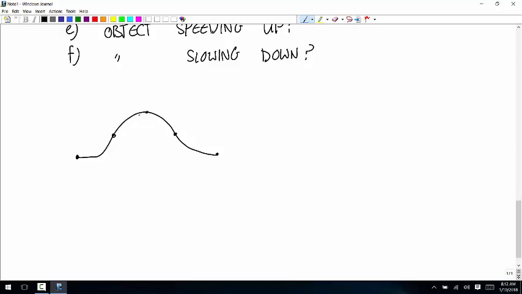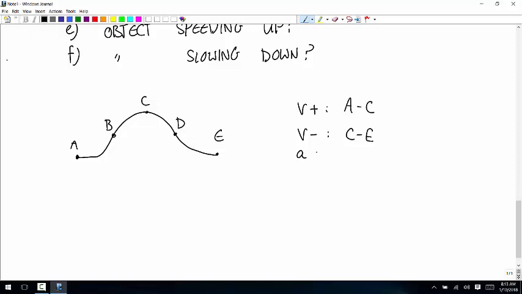So the velocity was positive on the whole first half of this graph, if this is A, B, C, D, E. So the velocity was positive, A to C. Velocity was negative, C to E. The sign of the acceleration has to do with the concavity.